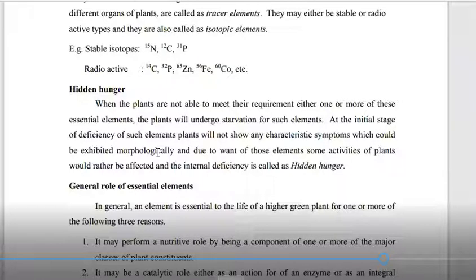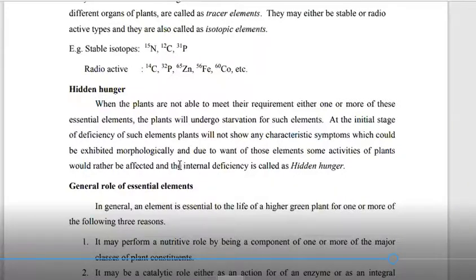Internally the plants are going through deficiency, and this internal deficiency is called hidden hunger. We cannot determine whether they are deficient in phosphorus or not, but they are deficient, though they do not produce any morphological symptoms from the external side. That's why it is called hidden hunger.